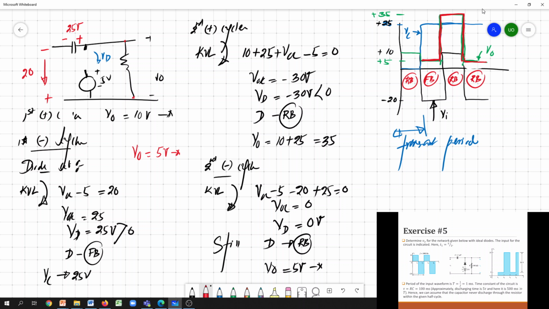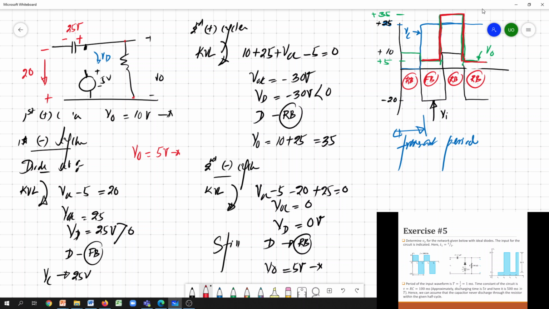You should be able to obtain this output by applying the basic Kirchhoff laws and so on. This argument is built for each and every cycle. Depending on the polarities of the input signal, we have a different circuit configuration, so we have to analyze those one by one and get the output accordingly.